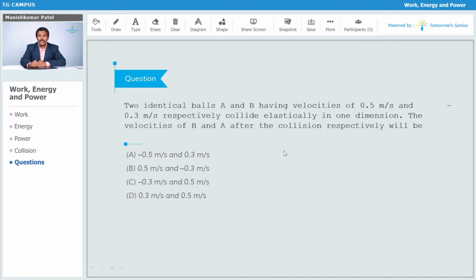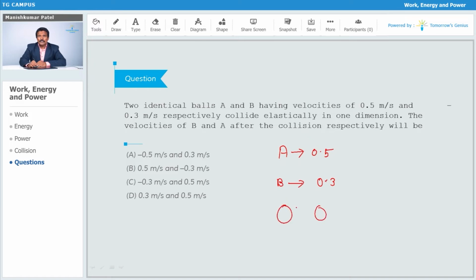Right now, initially, the velocity of A is 0.5 and B is obviously 0.3. After the collision, since the collision is elastic, A becomes 0.3.